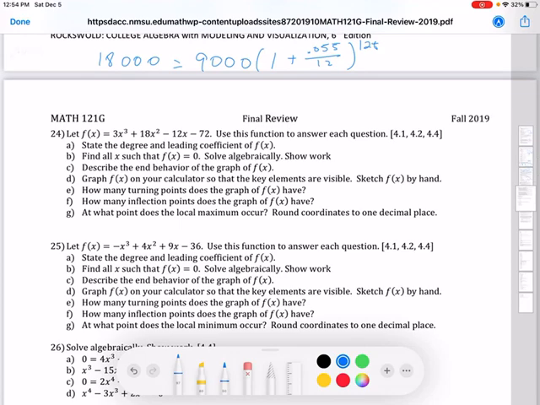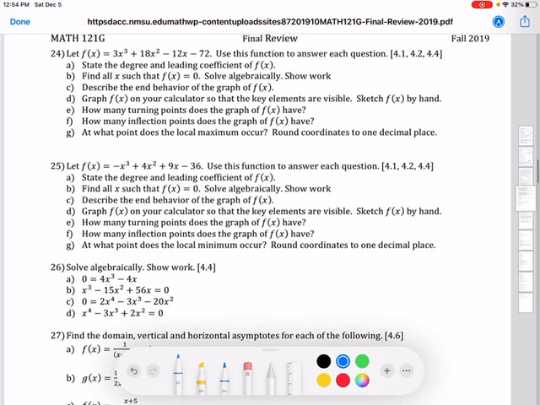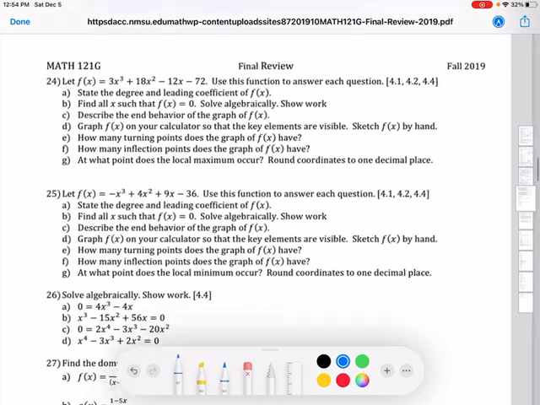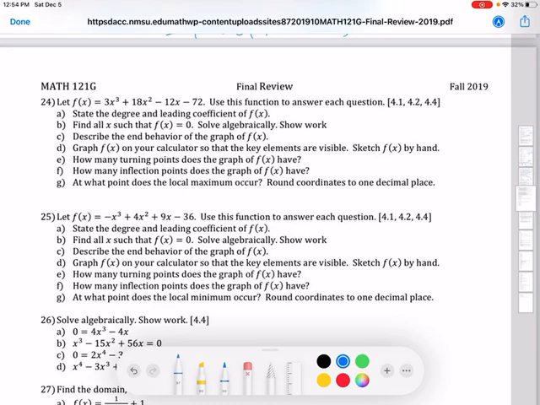Number 24, 25, similar. They're both exponent 3. So what we know about exponent 3 is a graph that looks something like this. And if it's a negative in the front, it would look like this.